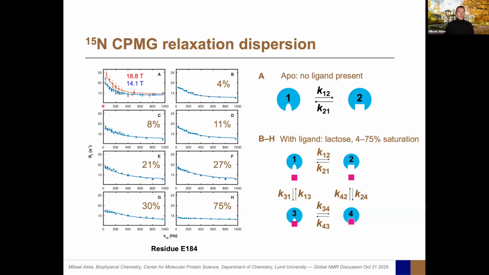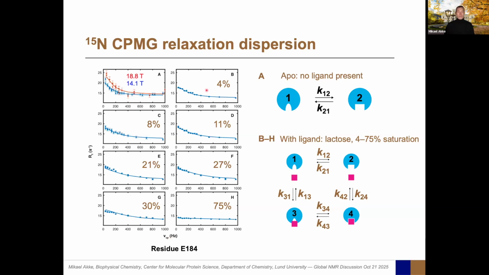On the vertical axis is the transverse relaxation rate, which includes the exchange rate that I pointed out previously. And on the horizontal axis, you have the refocusing frequency, the frequency of refocusing events during the CPMG sequence.